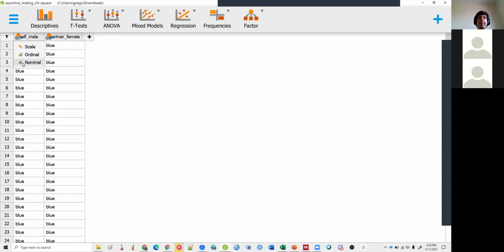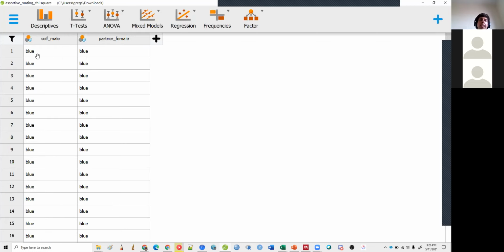In this case, they're nominal variables, because nominal variables are categories, and eye color is a great example of a category. It's not scale or ordinal because it's not a number. There's no sense in which blue should come before brown, before green, in terms of eye color. The same logic dictates that the female eye color should be the same.